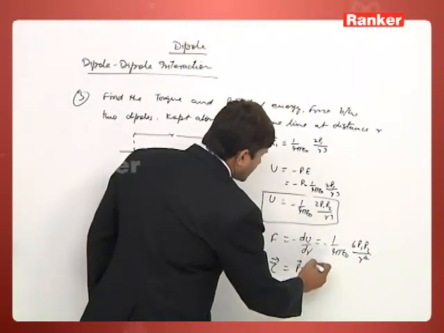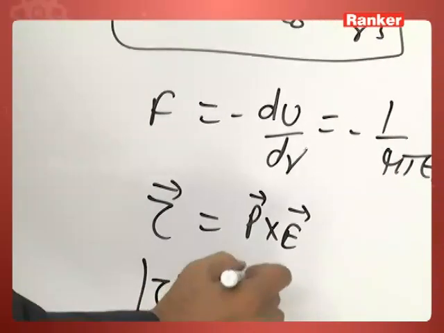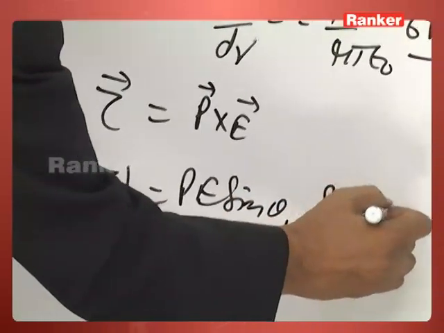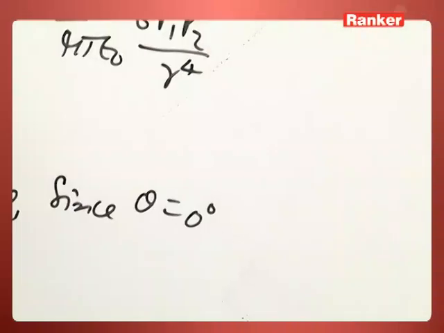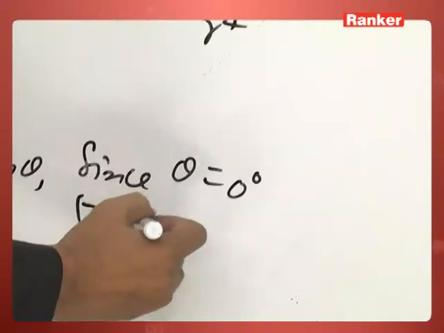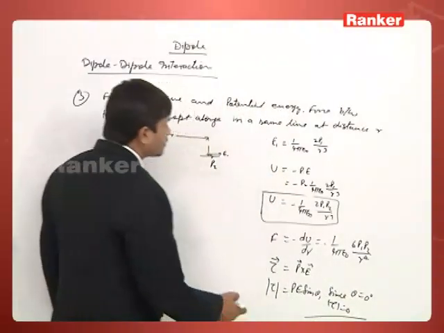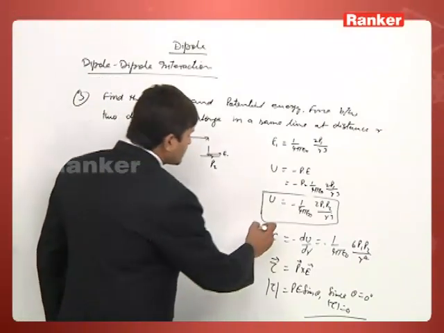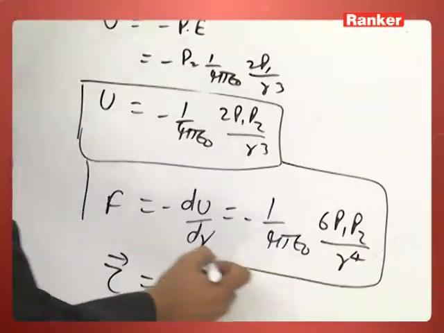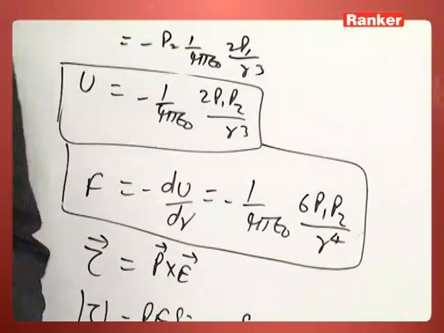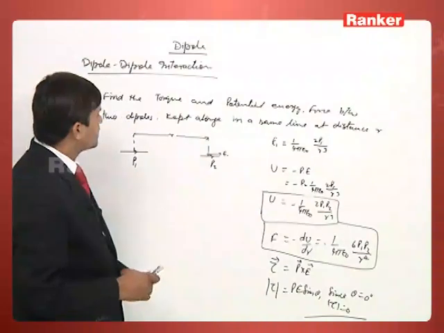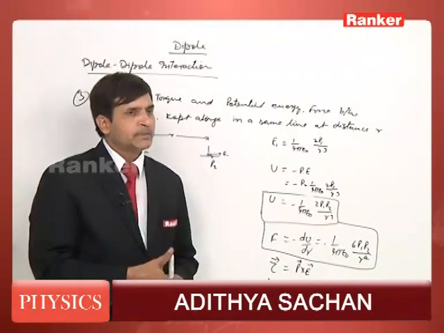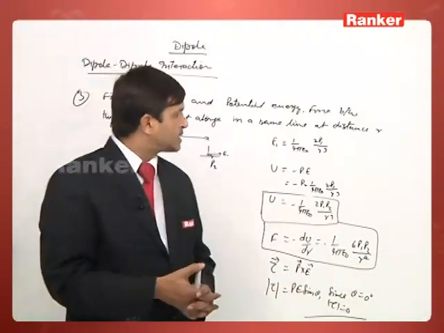So the modulus of torque is PE sin theta. Since theta is 0 degrees, the torque will be 0. So there is no torque acting in this case. So mainly potential energy and force are acting. The negative sign in the force indicates this is the force of attraction between the two dipoles. So these are the different types of dipole orientations and their interaction energy.